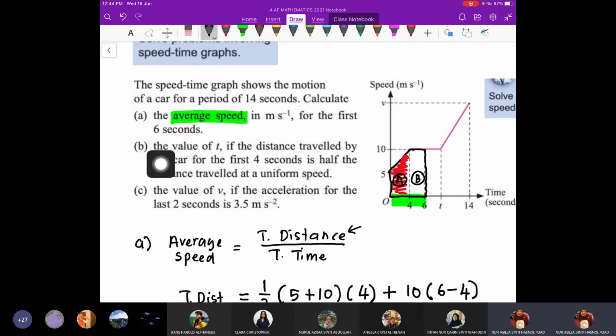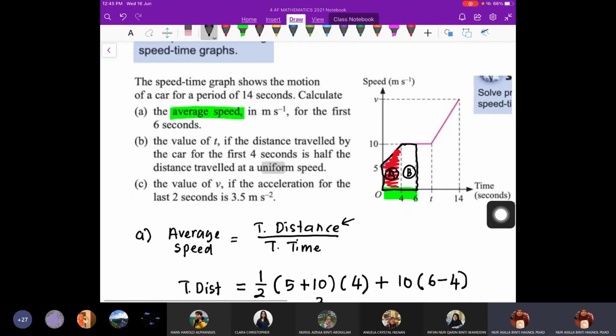Okay, let's write B. So, calculate the value of T. T is here. If the distance travelled by the car for the first 4 seconds, which is A, is half the distance travelled at a uniform speed. So, distance travel kat sini, keseluruhan ni, daripada 4 kepada T. Okay.